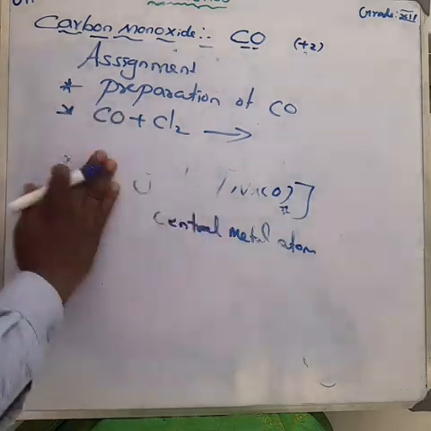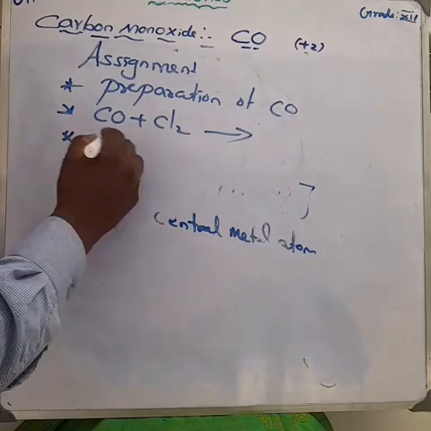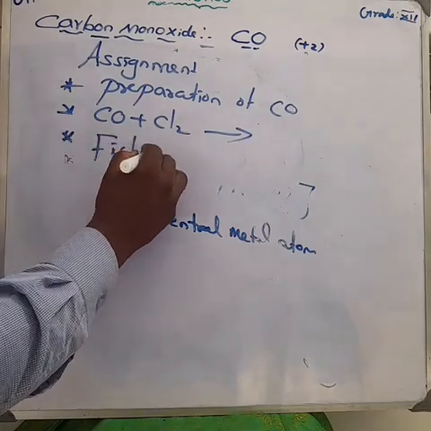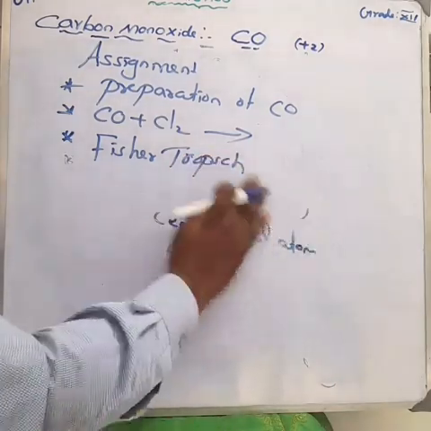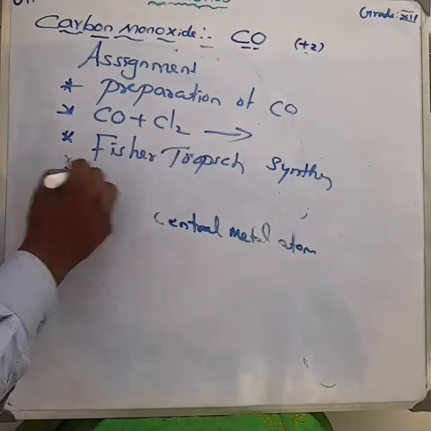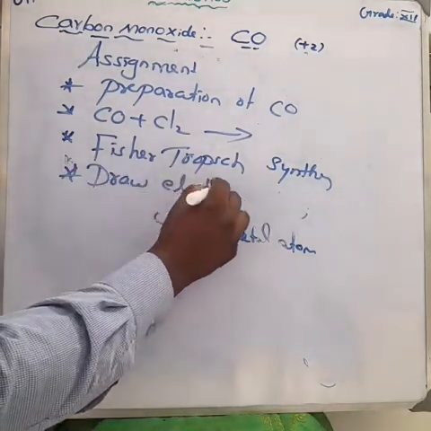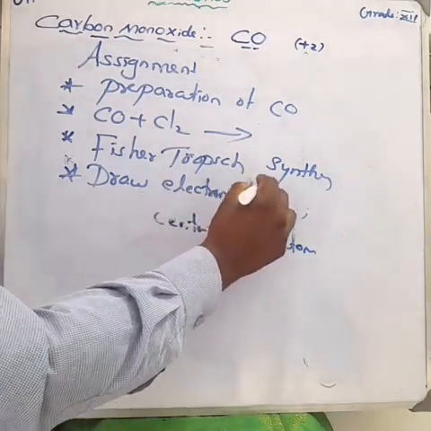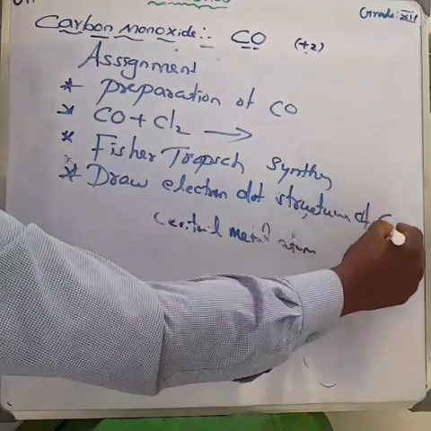Next, third question, Fischer-Tropsch synthesis. Very important question. And draw the electron dot structure of carbon monoxide, the dot structure for CO.